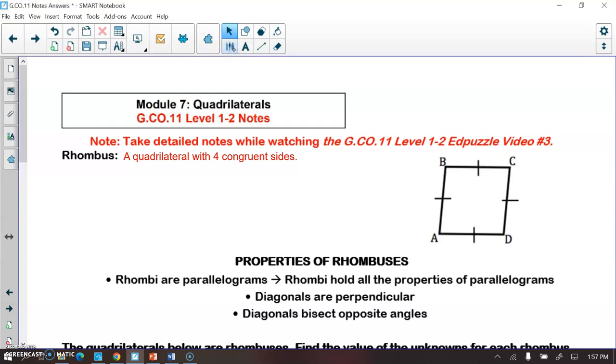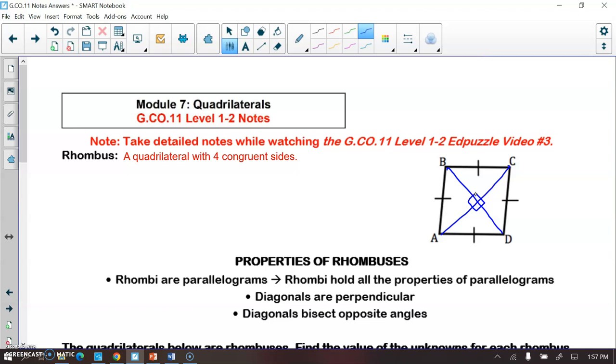However, it does share some things in common with squares in the fact that the diagonals are perpendicular. So the diagonals are perpendicular in both rhombi and squares. Rhombi or rhombuses is the plural version of rhombus.